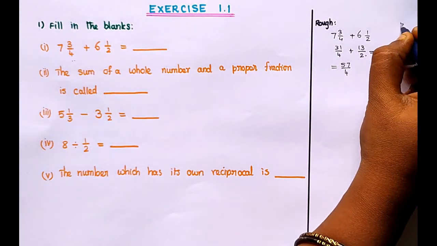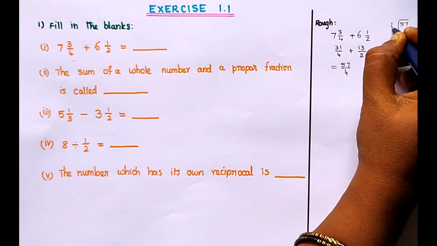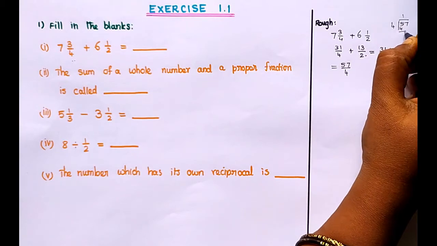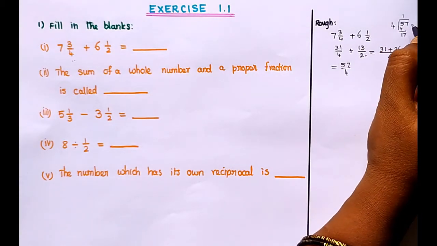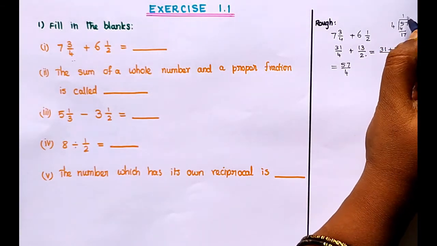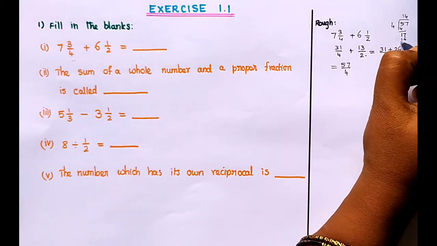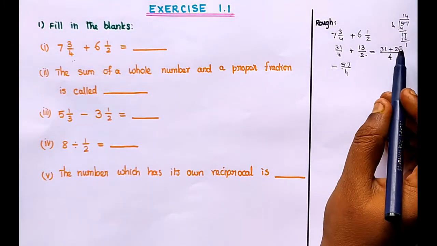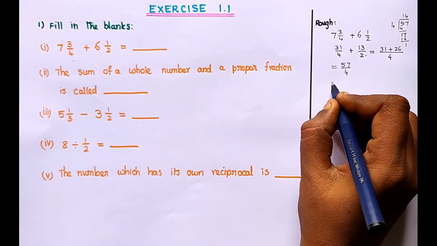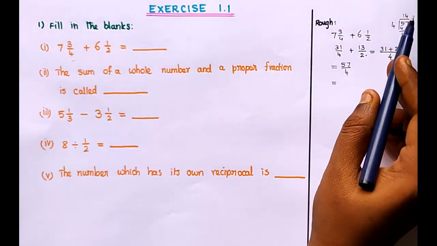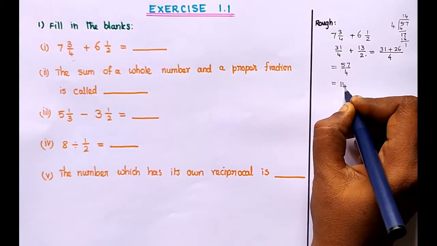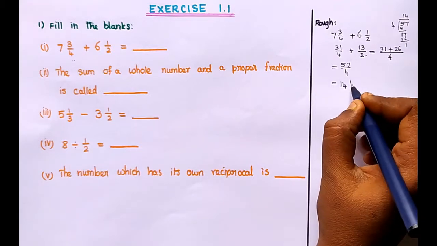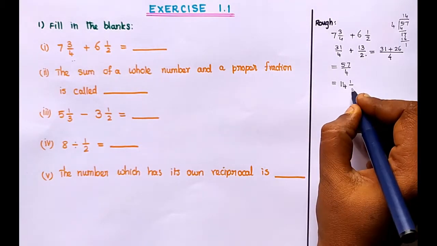Divide 57 by 4. 1, 4 is 4, balance 1, bring down 7, 17, 4 4s are 16, balance 1. So, how will you write that in mixed fraction? Quotient, remainder by divisor.